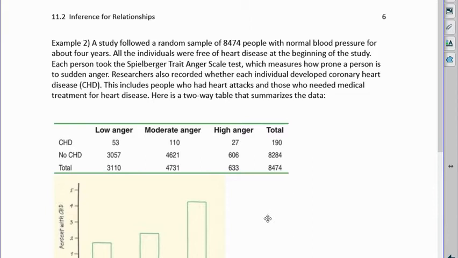So let's do this. Okay, we have a sample of 8,474 people. We're going to be looking at their blood pressure for 4 years, and they were free of heart disease at the beginning of the study. We then take this anger scale at the end of the 4 years to see what their anger scale is, and we compare this to whether, over that 4-year period, they developed heart disease?